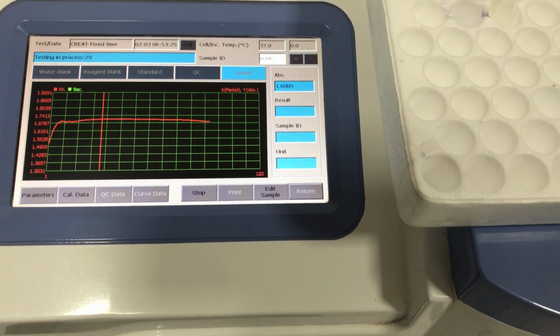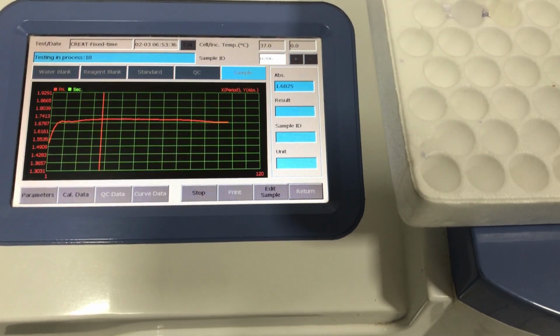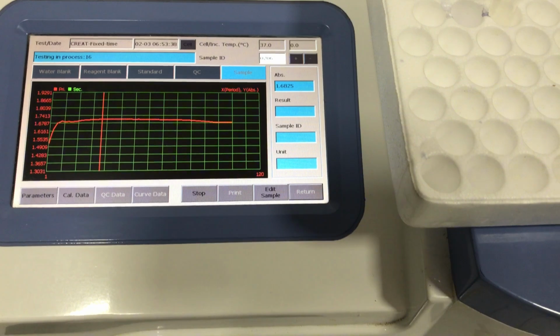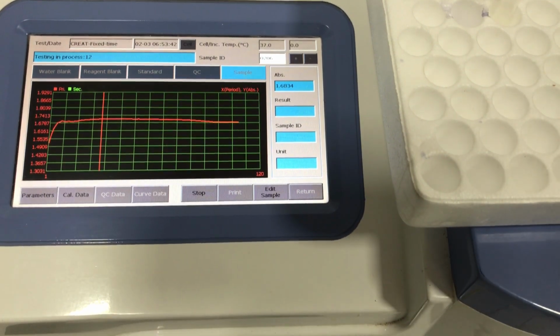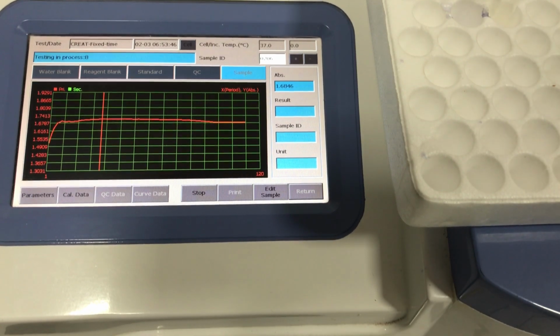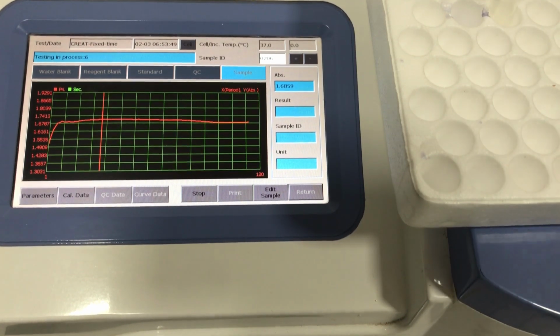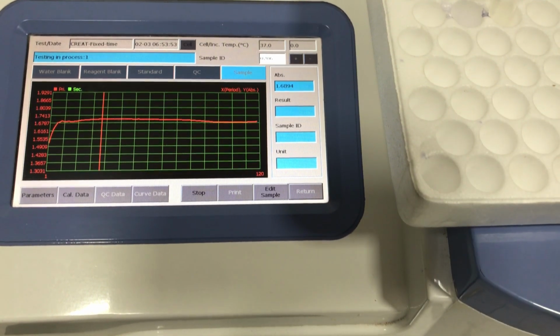The instructions will be a little bit not so clear, but basically the way we program a 2-point kinetic is the same for most analytes that use a 2-point kinetic. So the way we program for this will most likely be the same for most reagents. Okay, so we are almost done.